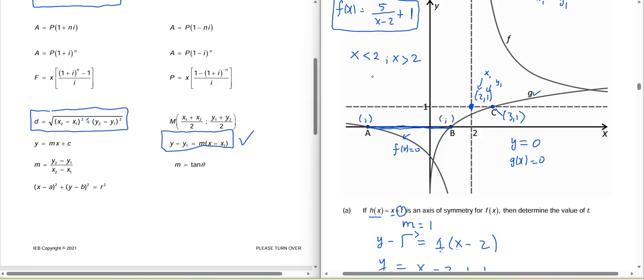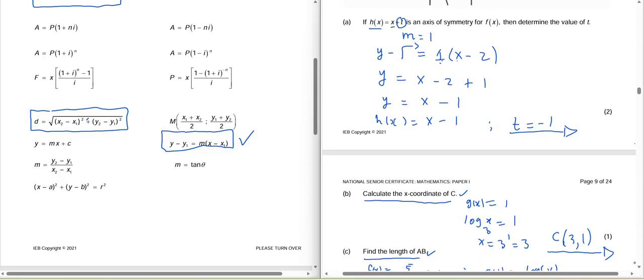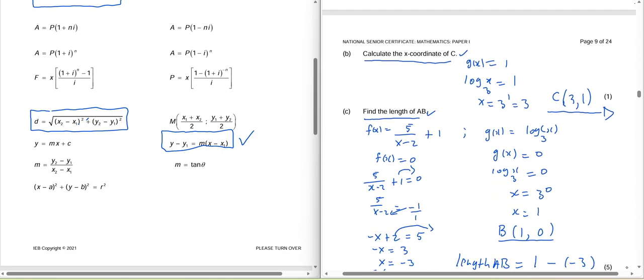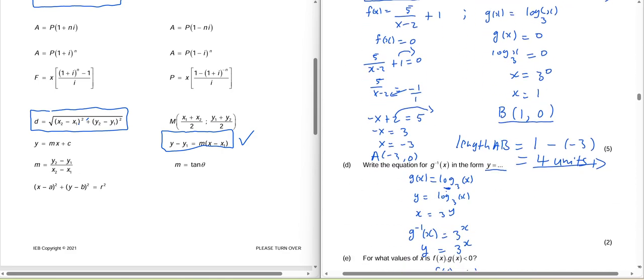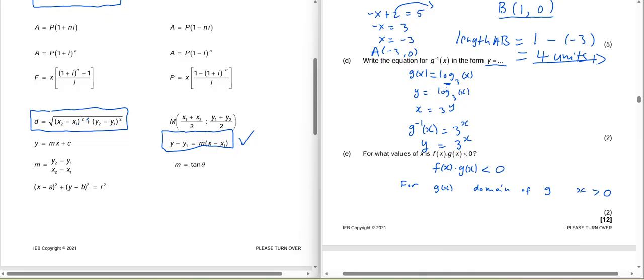Now, here we already said that for the domain of g, we want x greater than 0 only, right? So that means the domain of f of x and g of x should be for x values greater than 0 and for x values what?